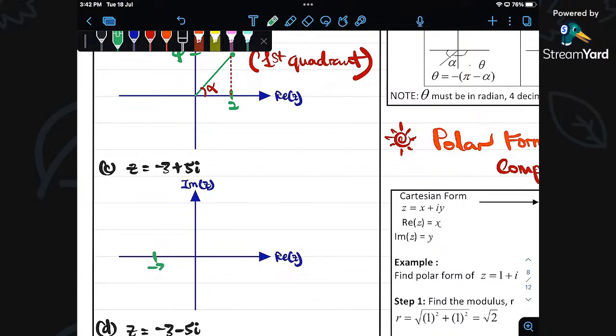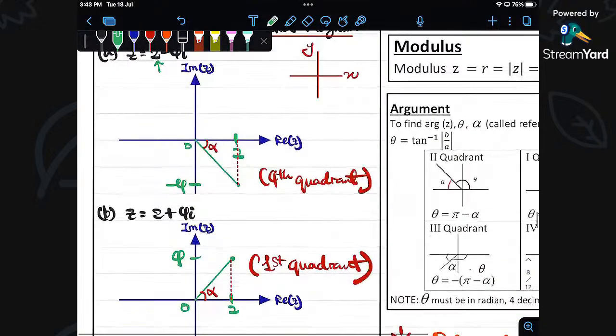So now -3, where is it? -3 is around here. And then +5 is here. So make sure you tahu ya, imaginary di mana, of course lah di paksi Y kan. You dah faham kan? So now put the dot there, symbolizing the coordinate. Okay? And then make a straight line to the origin. Make sure you go to the origin.